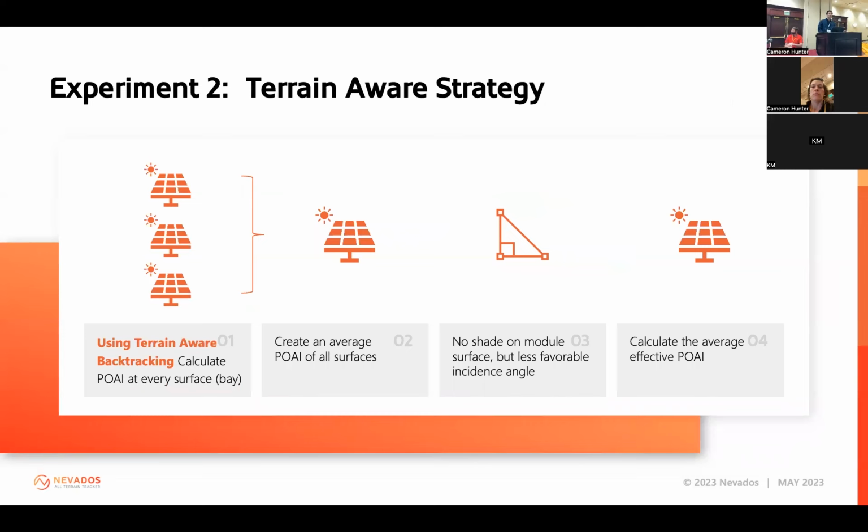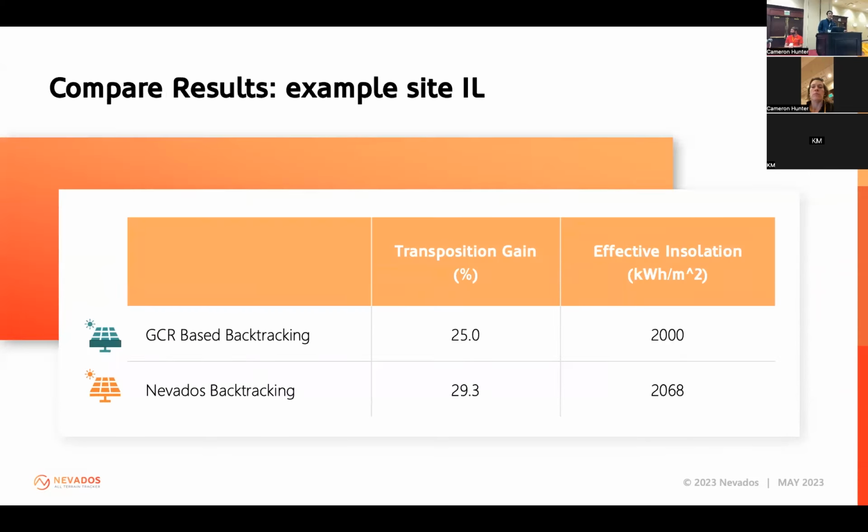Then we ran our trace engine, figured out which angles would reduce the amount of shading, and ran the same calculation. What we saw at this site, in Illinois I believe, is the Nevados backtracking performs better than the GCR-based backtracking, which I think is hopefully not too surprising.